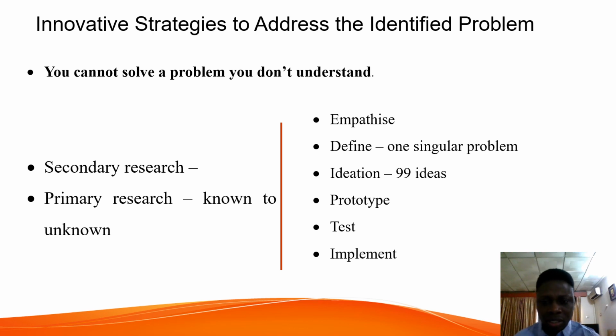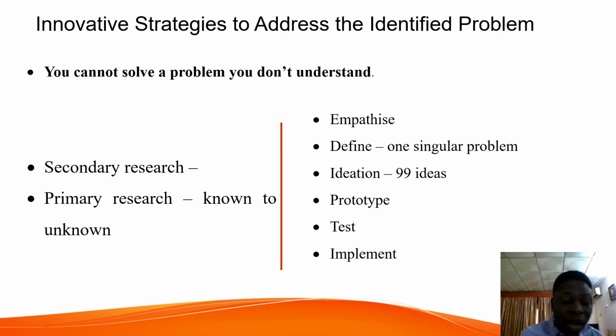You want to see what is happening in other places in relation to the solution you want to use to tackle the problem. You want to see whether this problem exists in other climes and the solutions they have used to tackle the problems. And that's what secondary research is all about. Once you do your secondary research, you understand the problem well, and the solution. Then you will know whether your solution will be able to meet their needs or not.